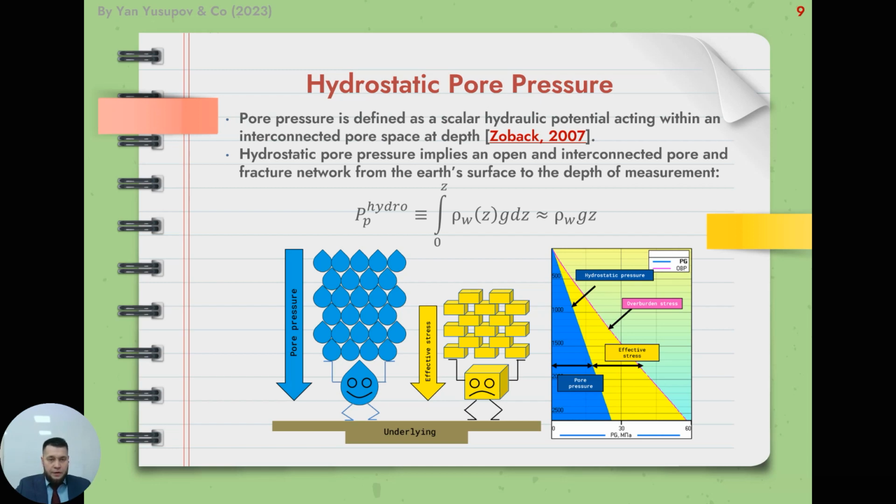It is usually described in relation to hydrostatic pressure, which is associated with a column of water in the interconnected pore system from the surface to a defined depth Z. Depending on salinity, hydrostatic pore pressure increases with depth at a rate of 10 megapascal per 1 kilometer, 1 gram per cubic centimeter, or 0.44 psi per foot.